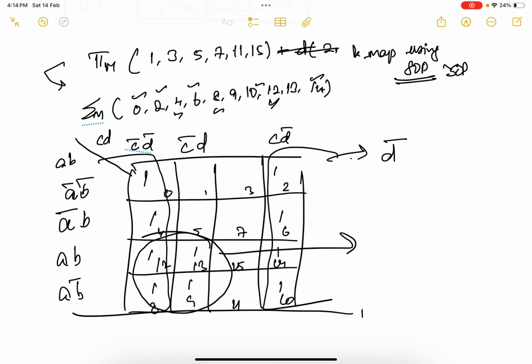So in this, the common thing is A. When you talk about these two columns, the common thing will be C bar. Got it? So this is how we will represent from the POS to SOP.